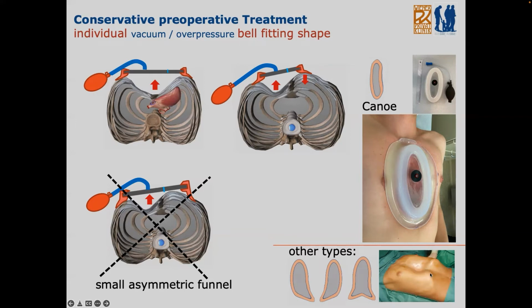So you have to give a pressure on these protrusions, and you have to suck here in the area in the middle. Therefore, you need an inverted Y-shaped bell design.